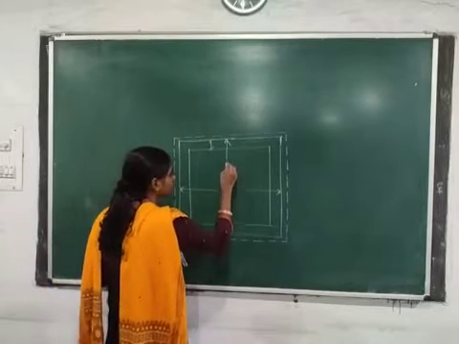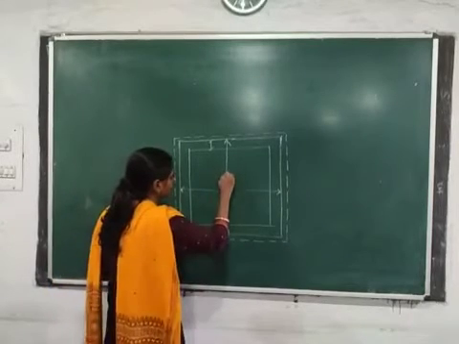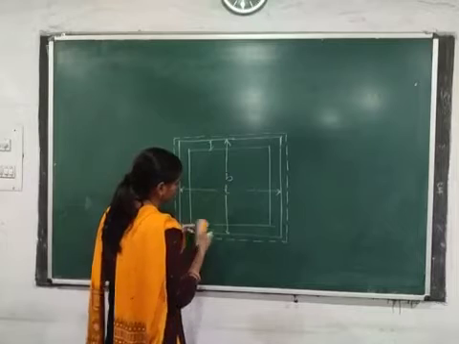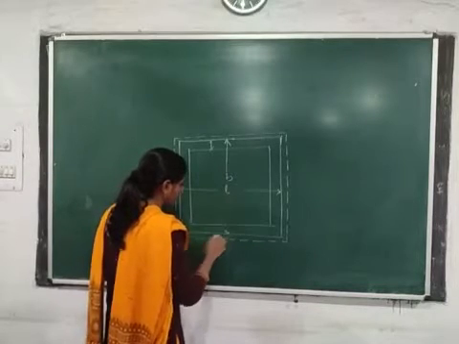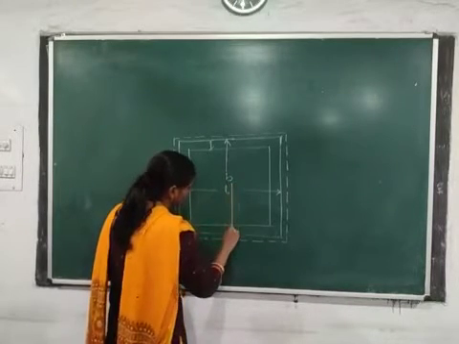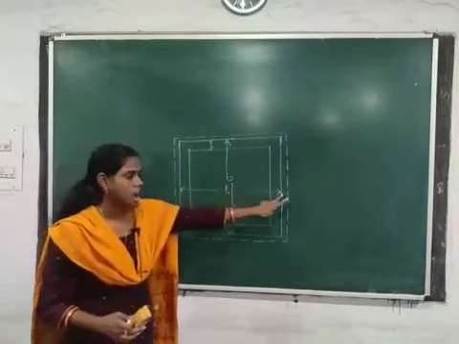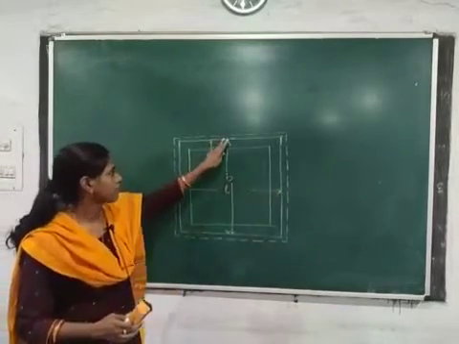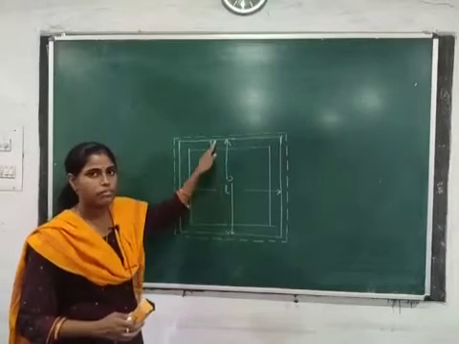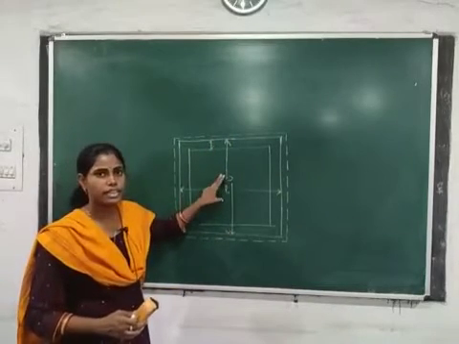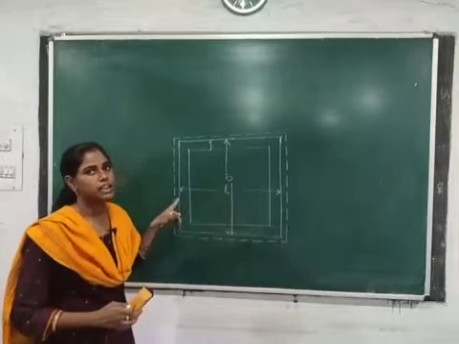That means we have to take the length out to out and breadth out to out. By multiplying these two, we will get the plinth area of the building.